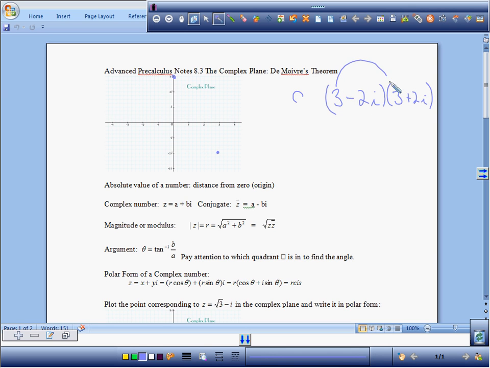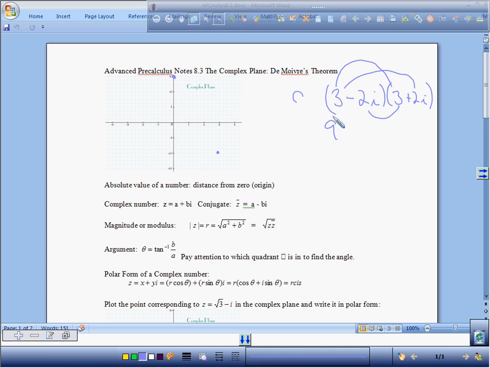When I multiply this times this, I get 9. The other two products, negative 6i and positive 6i, cancel each other out. Then I get minus 4i squared, which gives me 9 minus 4 times negative 1, since i squared is negative 1. So you get a real number, which is equal to 13.